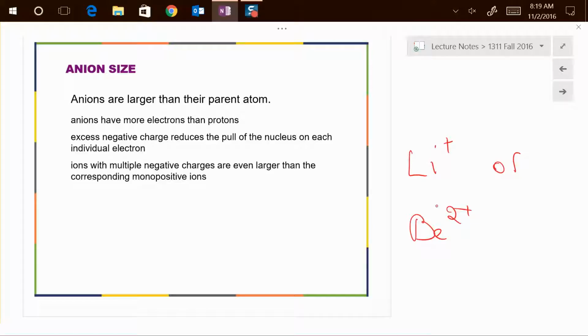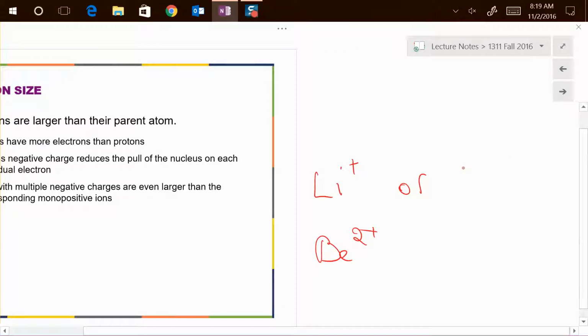Lithium plus is bigger. Why? Because they have more electrons. No, they have the exact same number of electrons. Because it lost one less. Well, Be has one more proton. Exactly. Let's consider how many protons we have for lithium.